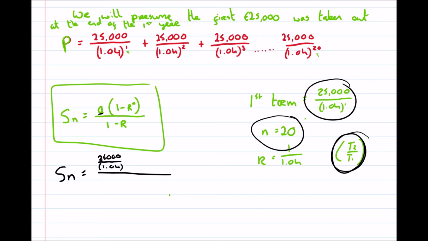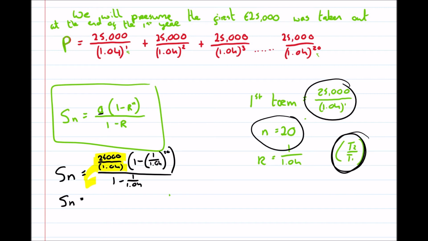Multiply by 1 minus the common ratio, which is 1 over 1.04, to the power of 20, and that's all over 1 minus 1 over 1.04. Remember, usually we take this bit and bring it down here.